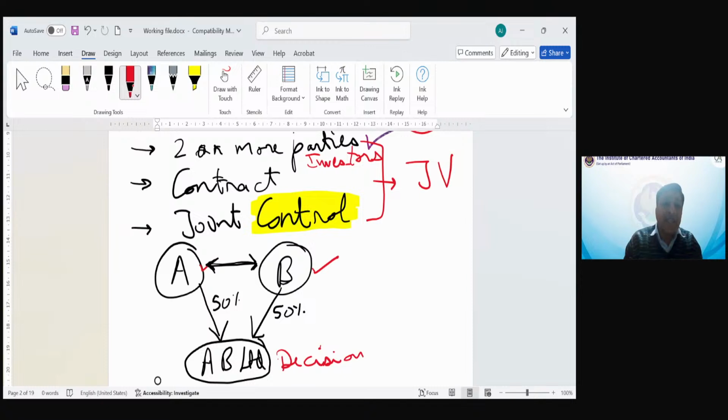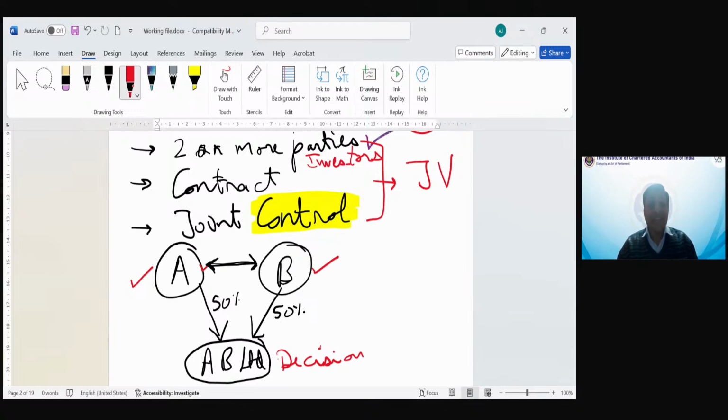If let's suppose A doesn't like that matter, can that matter move forward? No. If let's suppose B decides not to move that forward, can it be done?